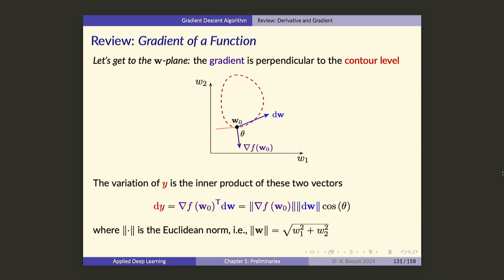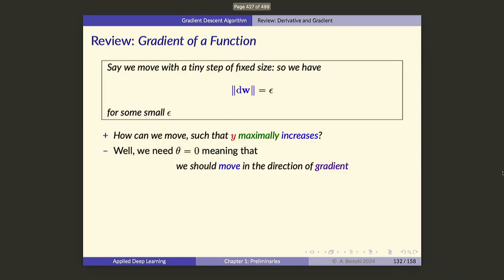What should this angle be if I want the product to be maximum? It should be 0. Theta should equal 0, or in other words, I should move exactly in the direction that the gradient is telling me. It's the same thing as we had for a one-dimensional function with the derivative.